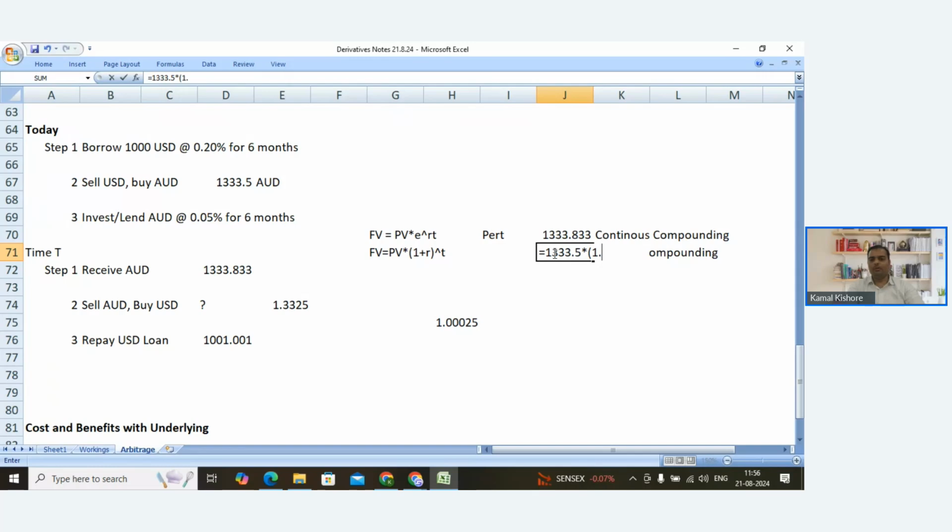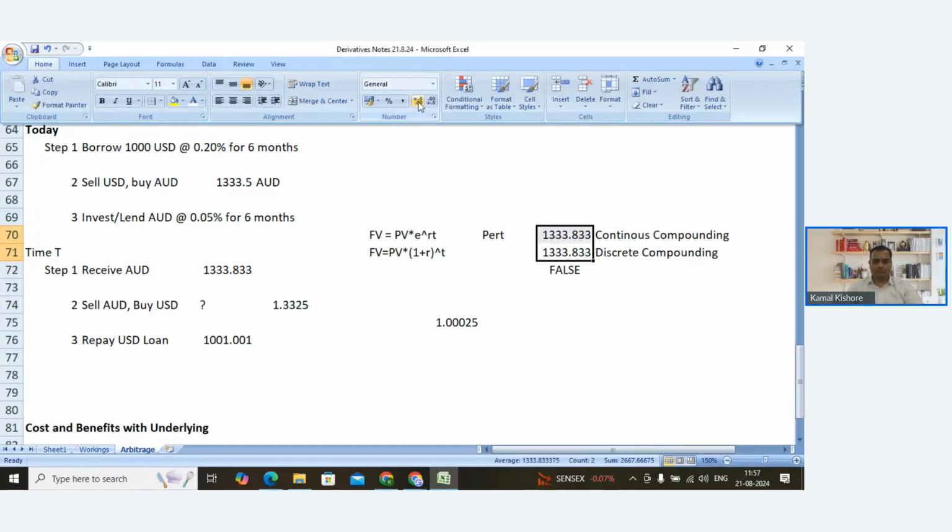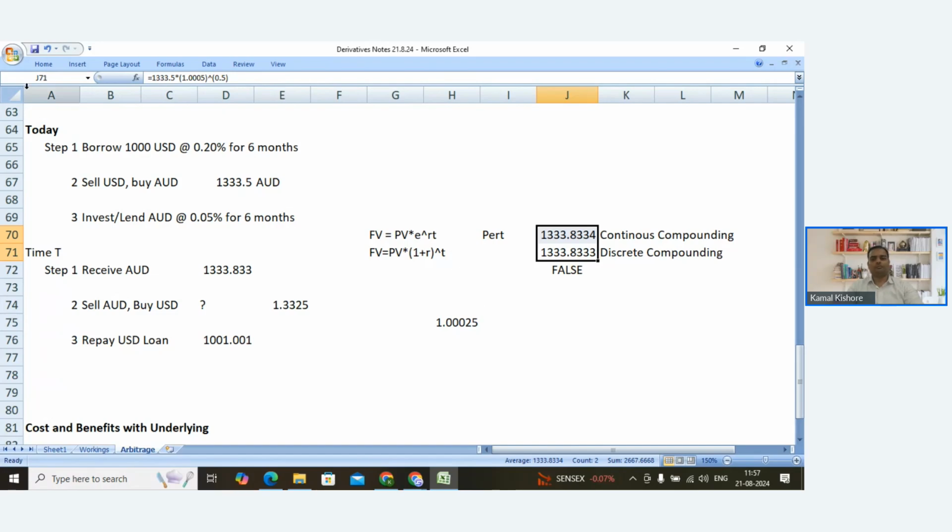Into 1.005, the whole power 0.5. Both are the same? They are not the same, but the difference is very small. We can ignore it.